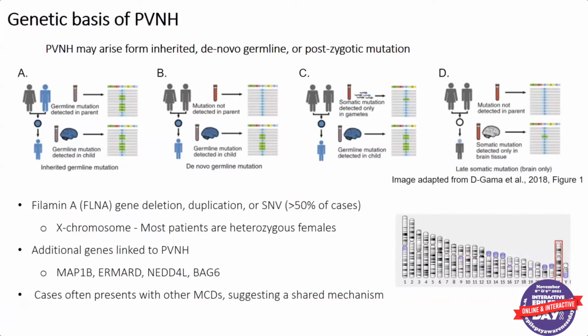People often wonder, well, why me? Why did I get this? And it's very clear that PVNH is a genetic abnormality. It's not necessarily something you get from your parents. It could be a mutation that occurs very early on in development.